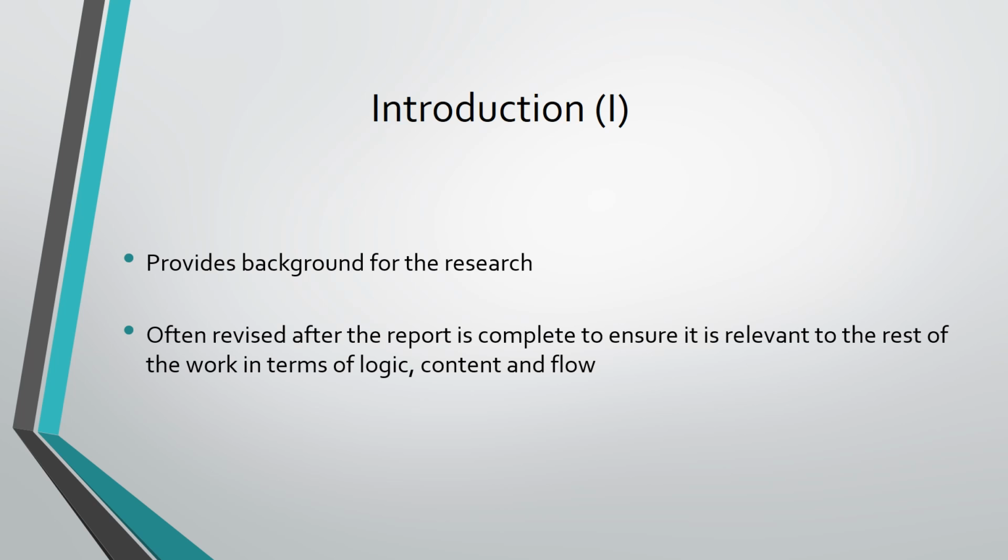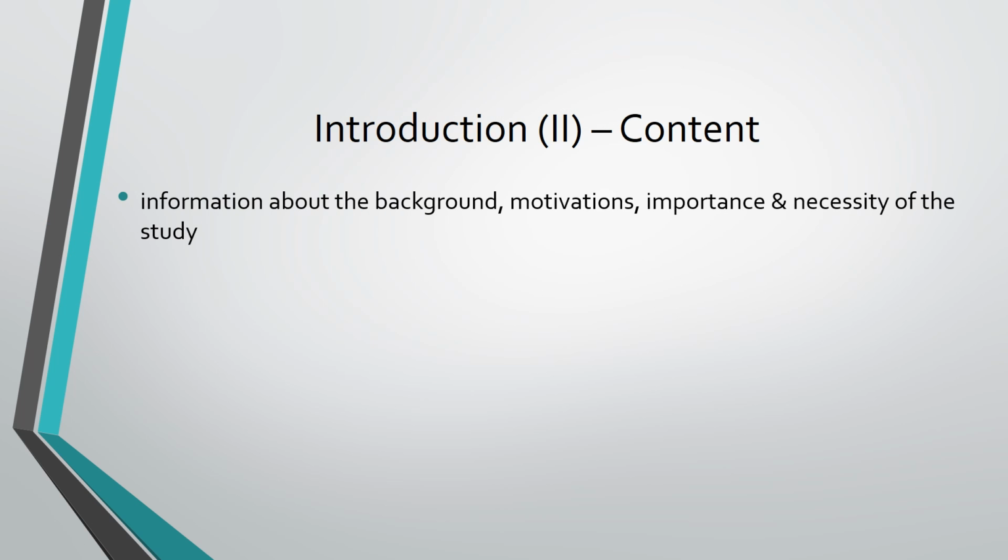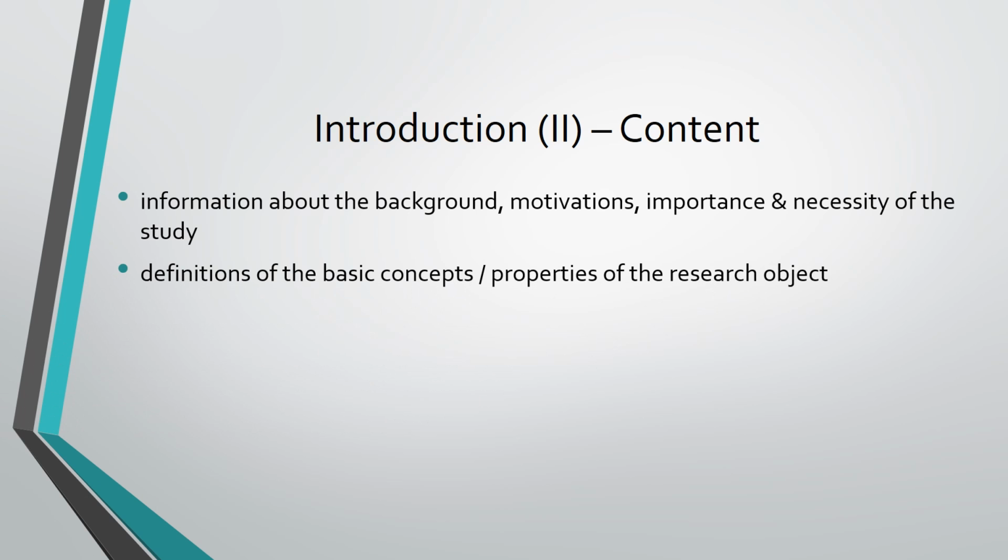The main contents of the introduction are: Number 1. Information about the background and motivations, including the importance and necessity of the study. 2. Definitions of technical terms and specialist terminology used in the paper. 3.